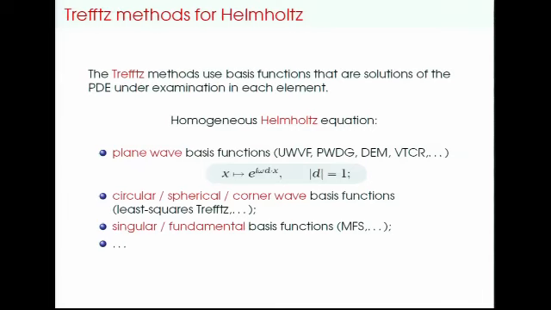Or there are some methods that are using circular waves in 2D, spherical waves in 3D, some corner waves near the corner of the domain, or there are methods that are using more exotic basis functions, singular solutions, or something even more complicated.